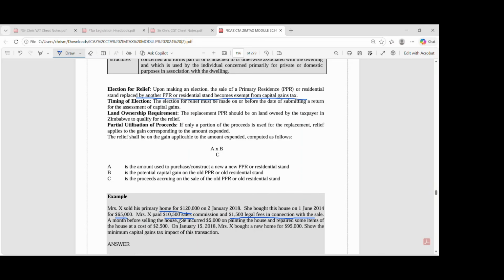A month before selling, he incurred 5,000 on painting. Please, there is a difference between painting and repainting. If it's painting, is it an improvement? Is it a repair? And he repaired some items at the house at a cost of 2.5. Team, this 5,000, is it an improvement or a repair?